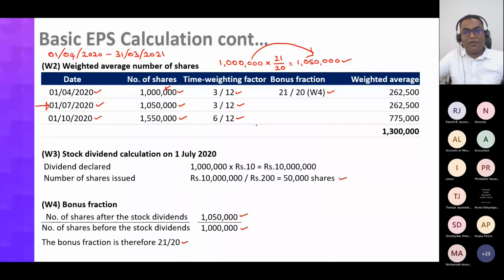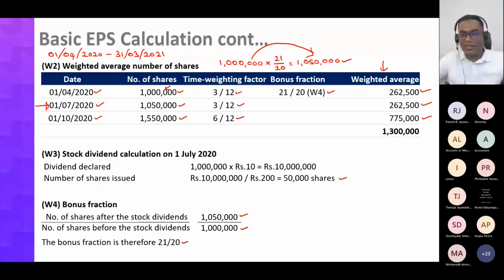Now focus on the final column, weighted average. 1 million into 3 upon 12 into the bonus fraction, 21 over 20, gives 262,500. Then the second period, 1,050,000 into 3 upon 12, 262,500. Then 1,550,000 into 6 upon 12, 775,000.